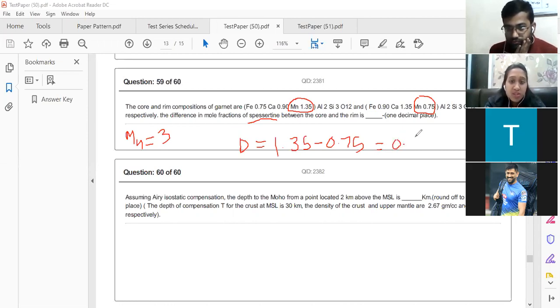Mole fraction. So the difference is 0.60. Now for the mole fraction, 0.60 divided by total. Okay, so you will get 0.1 decimal, so 0.2.